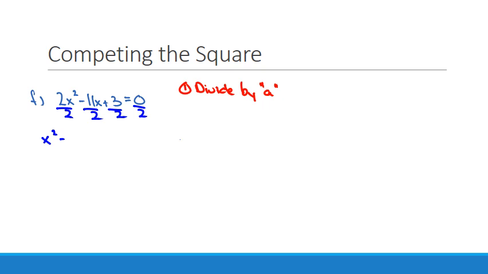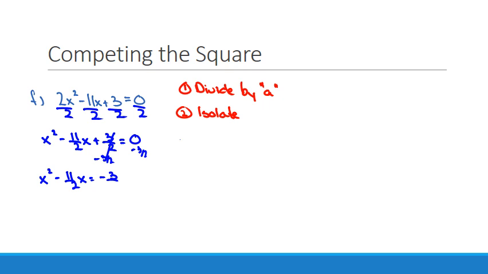So x squared minus 11 over 2x plus 3 over 2 equals 0. Now I'm going to isolate. So minus 3 over 2 on both sides: x squared minus 11 over 2x equals -3 over 2.